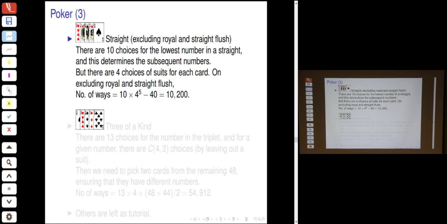Okay, good. So I still have some minutes. So let's try this. Now we try to count straights. Again, we have to exclude the thing we have counted. So these cards are consecutive.